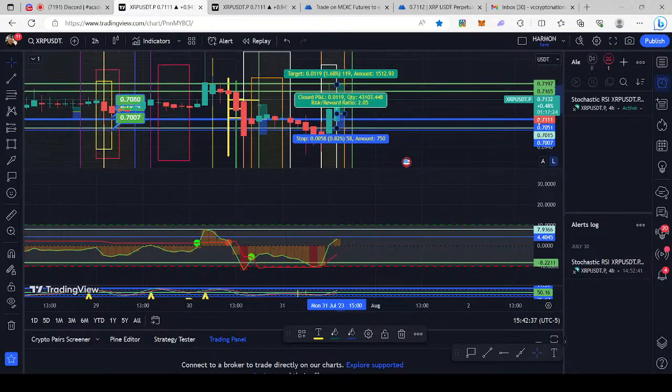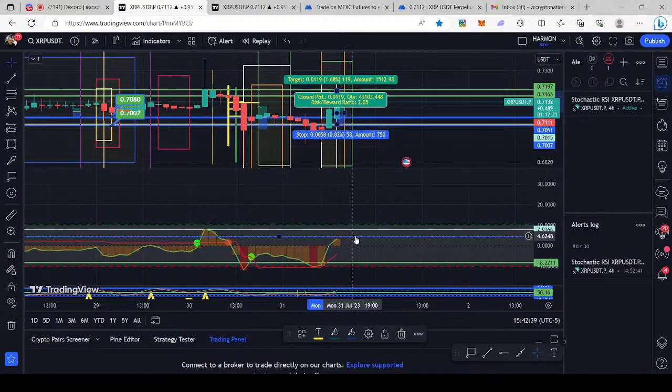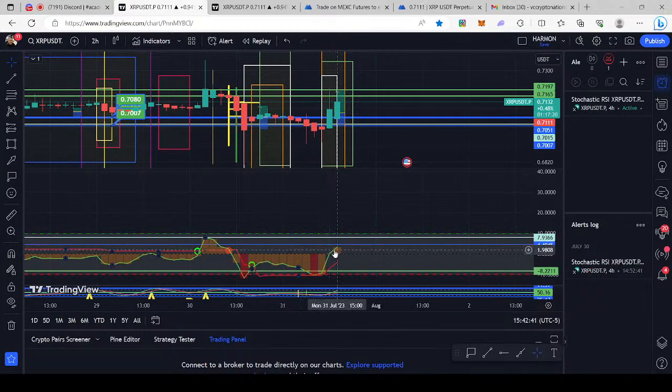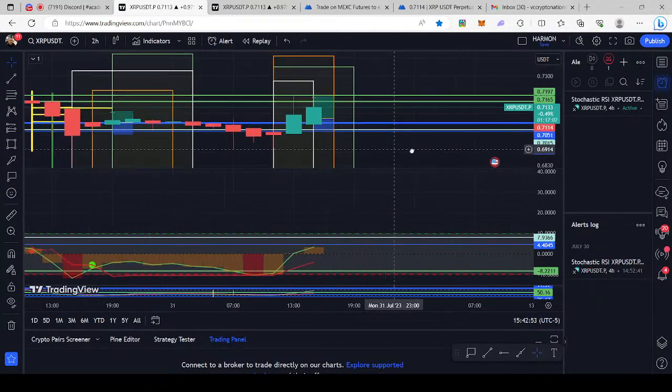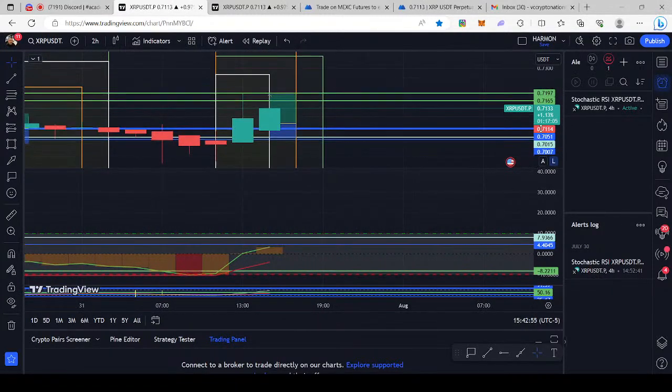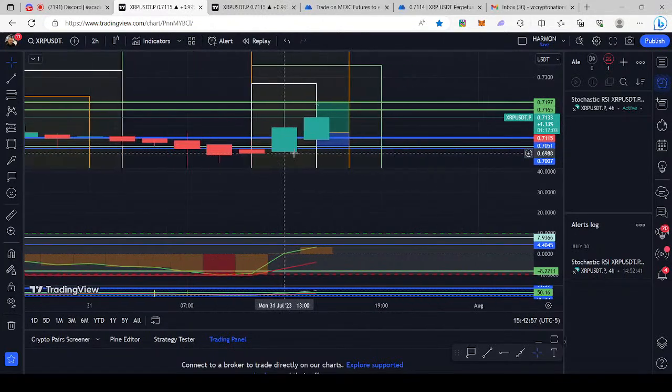So the real long here would be when the 2 hour volume gets above the 8. You can see right here, it's not even close. It's not even above the 4. So if it cracks the 8, then you're going real long? Yeah, if it starts cracking the 8, that means it has a ton of volume. That's a real solid signal.